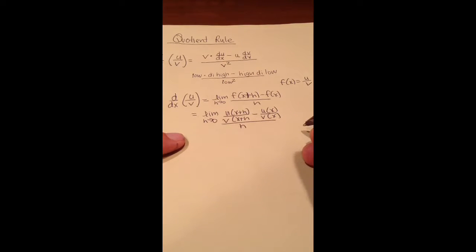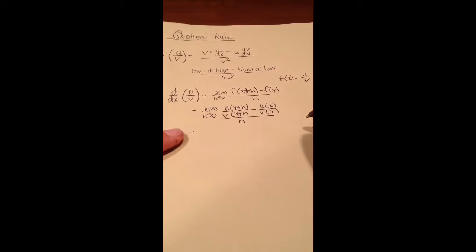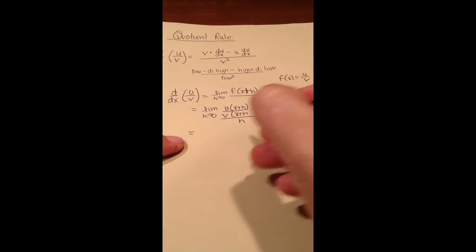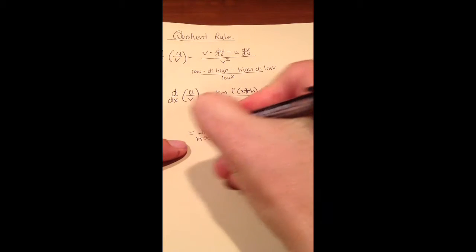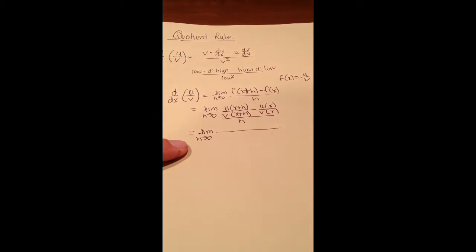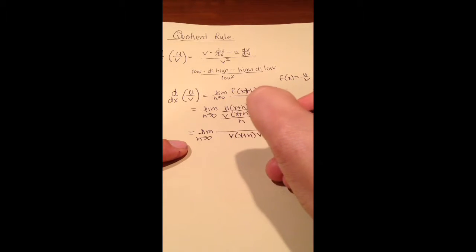Okay, so in the next step, we're going to basically get a common denominator. So I'm going to go limit as h approaches 0 of v of x plus h times v of x.